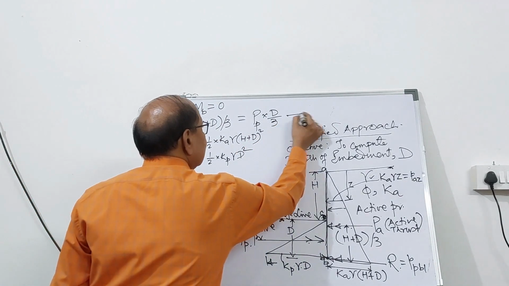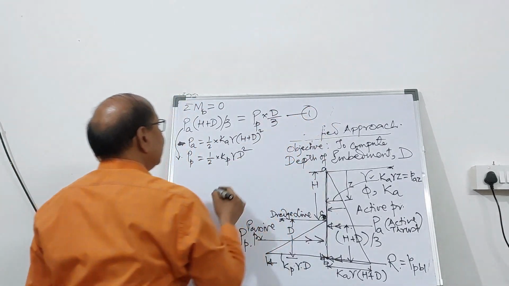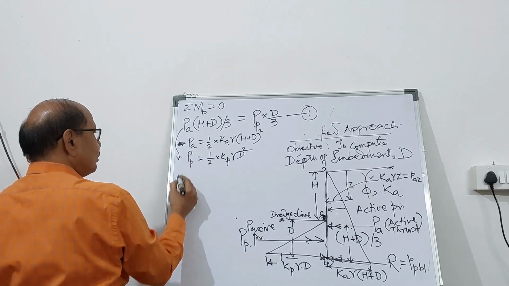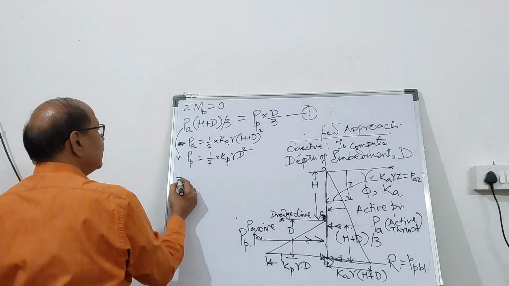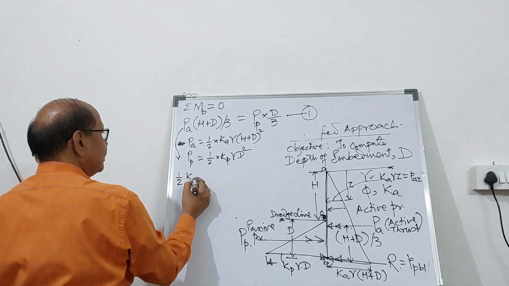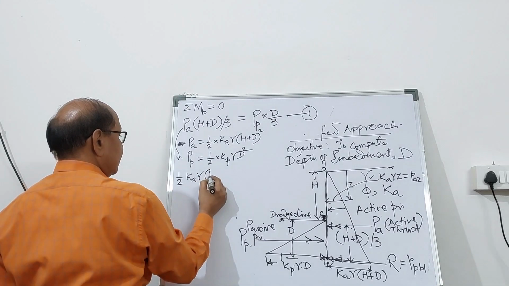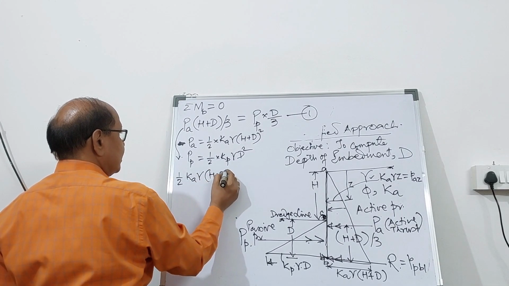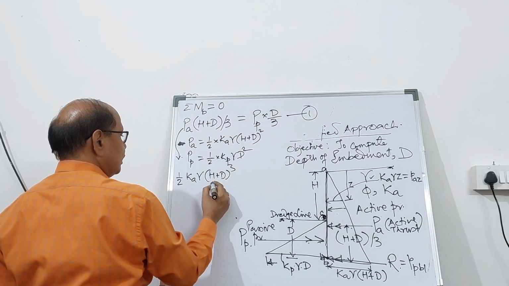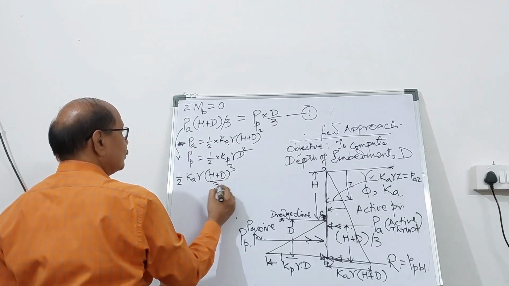So if I substitute here, PA will be given by half K gamma (H plus D) cube divided by 3.